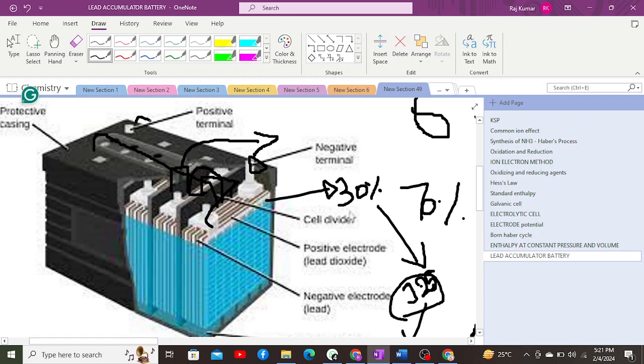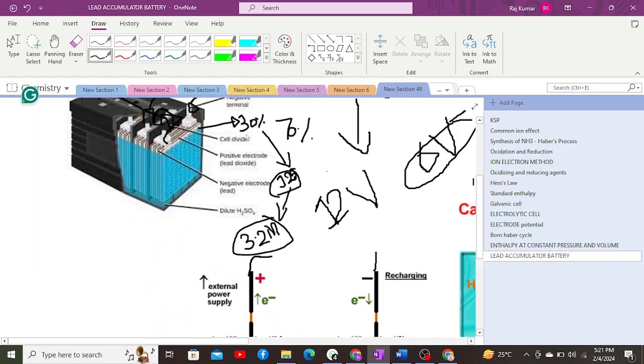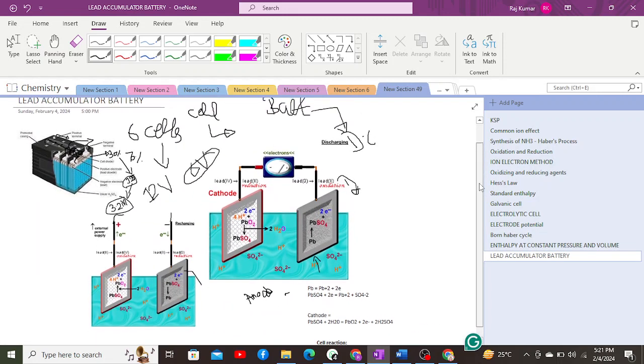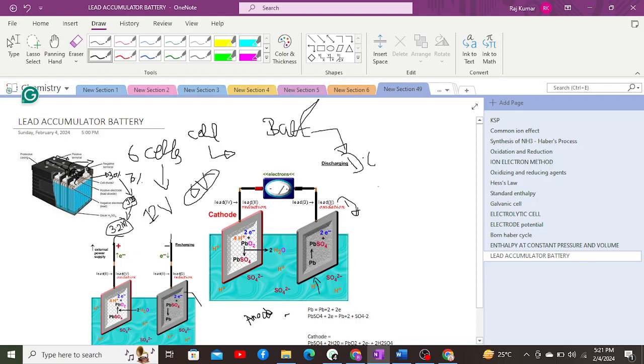That is why they give us a voltage of 12 or 6 volt. If they were in parallel, then it wouldn't give us such a high voltage. This is a basic concept about it. In the next video, we are hopefully going to discuss some new cells.